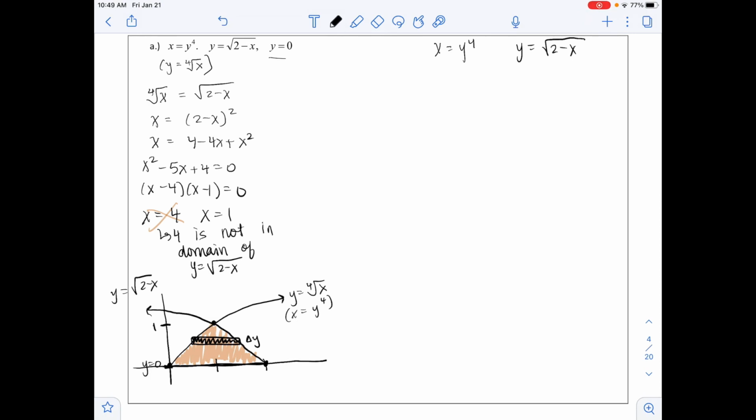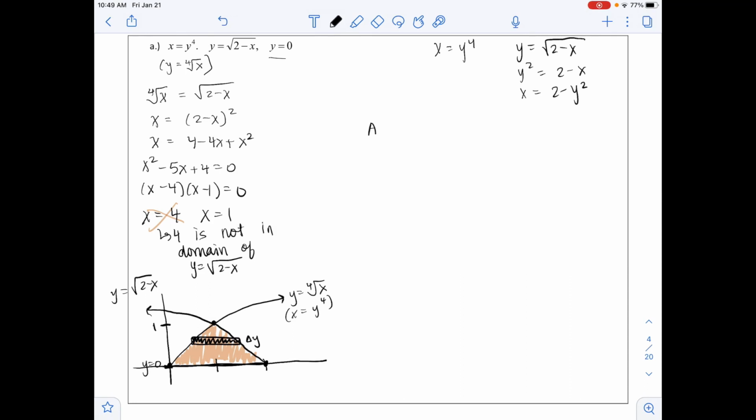So I can do that and just square both sides. I get y squared equals 2 minus x. Then I would subtract 2, divide by a negative, and I end up with x equals 2 minus y squared. And so I need to make sure that both of my functions are written in terms of y.